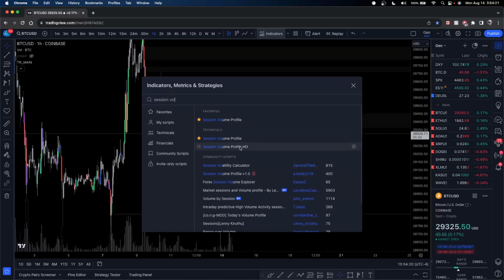It's not HD, it is profile, okay? Basically, long story short, when you're on HD, depending on the time frame that you're on, the levels change. I don't know why, and that annoyed me for months, and I didn't know what I was doing wrong. But make sure you press session volume profile because it stays fixed depending on your resolution, on how zoomed in you are on the charts, okay?